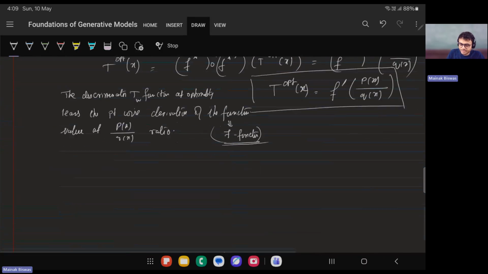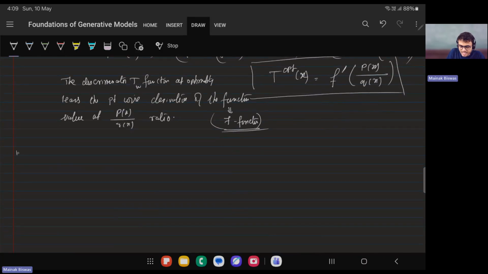So let's derive. Let f of u be equal to u plus 1 log u plus 1 by 2 plus u log u. And we have to derive the standard GAN objective using this.